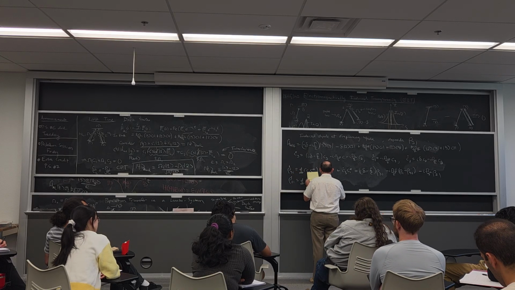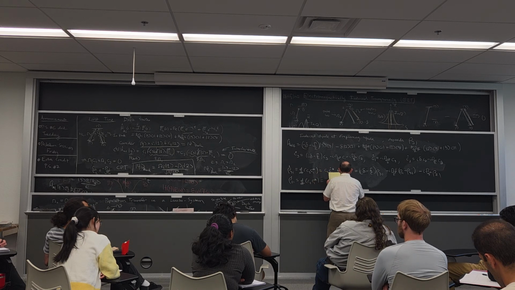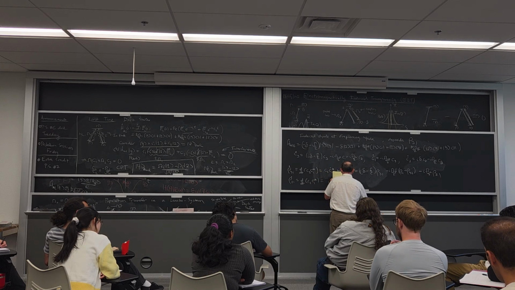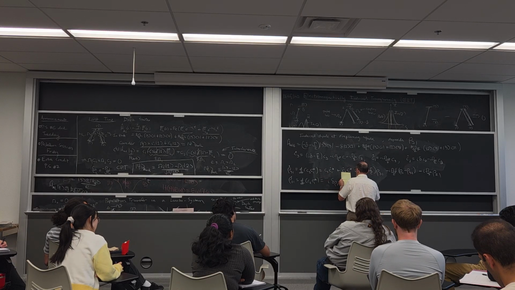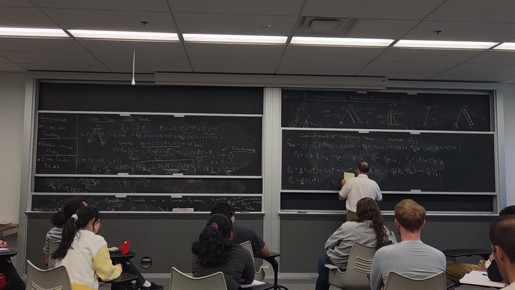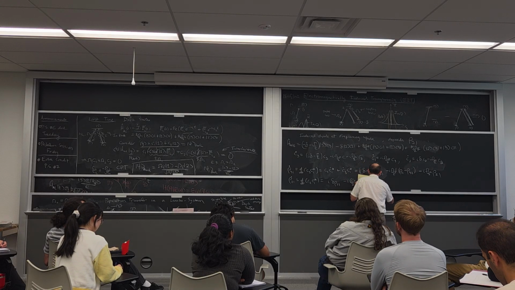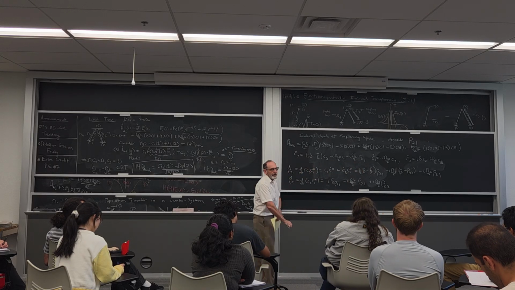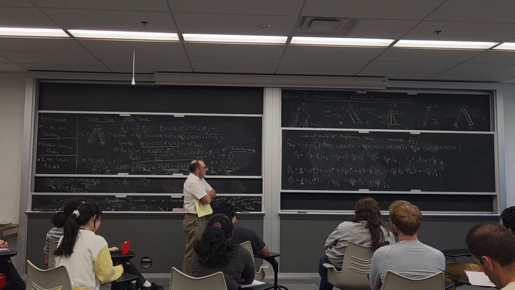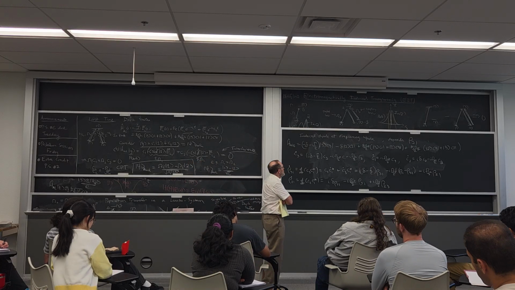Which is equal to i delta rho 2,1 minus i omega coupling over 2 rho 3,1 plus i omega probe over 2 rho 2,3. Okay? That's just once you do the algebra. But we're going to make a couple of assumptions here.